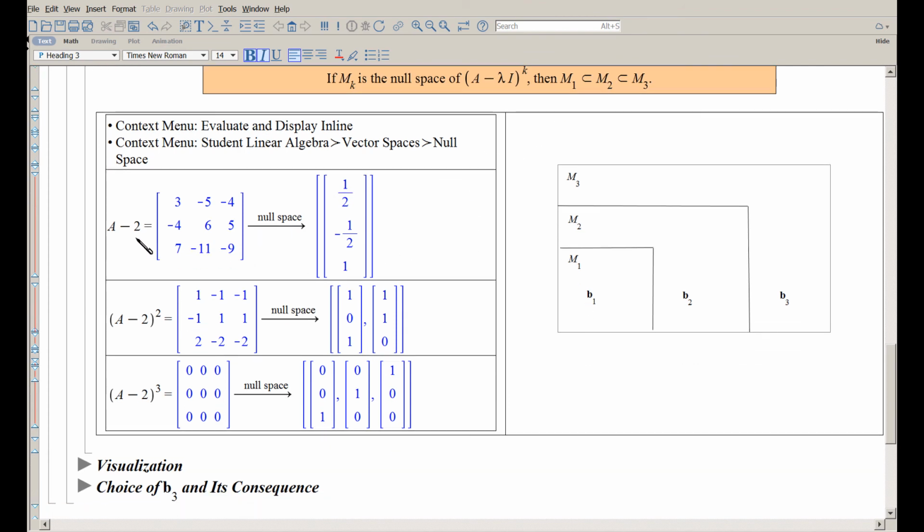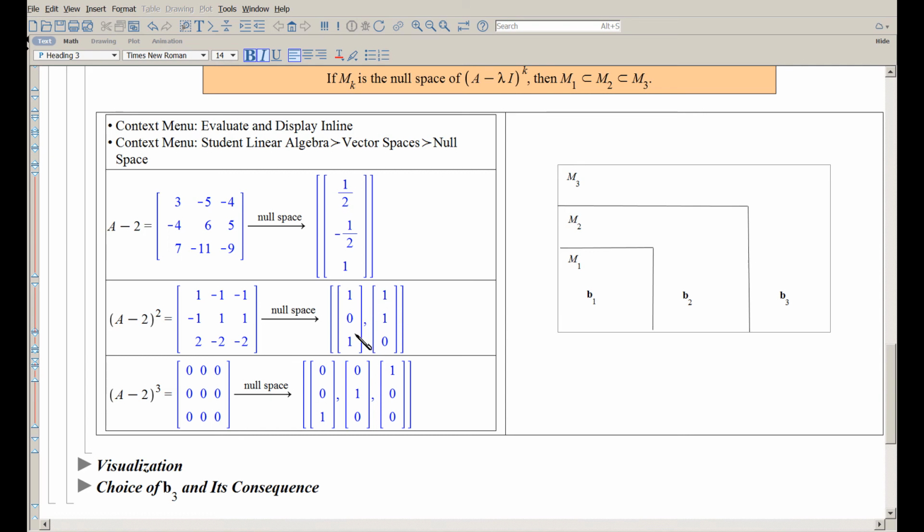So let's look at A minus 2, A minus 2 squared, and A minus 2 cubed. The I, in this instance, Maple will let you leave out. So you get a null space, get a null space, get a null space. Now, for the cube, you're going to get the whole space, so you get i, j, k, a basis for the whole space.